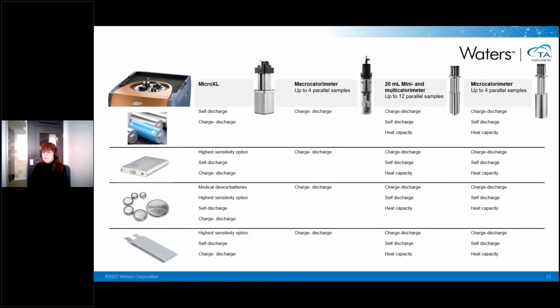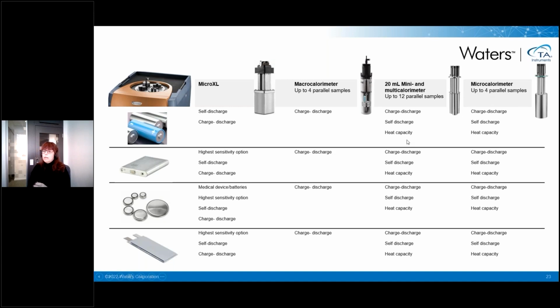For different battery types and different sizes, and if you need higher throughput or higher sensitivity, there are different types of calorimeters you can equip the thermostat with. We can have cylindrical ones, like this calorimeter here, which is the most sensitive, for up to 18650 batteries, and smaller batteries in the 20 milliliter calorimeters.